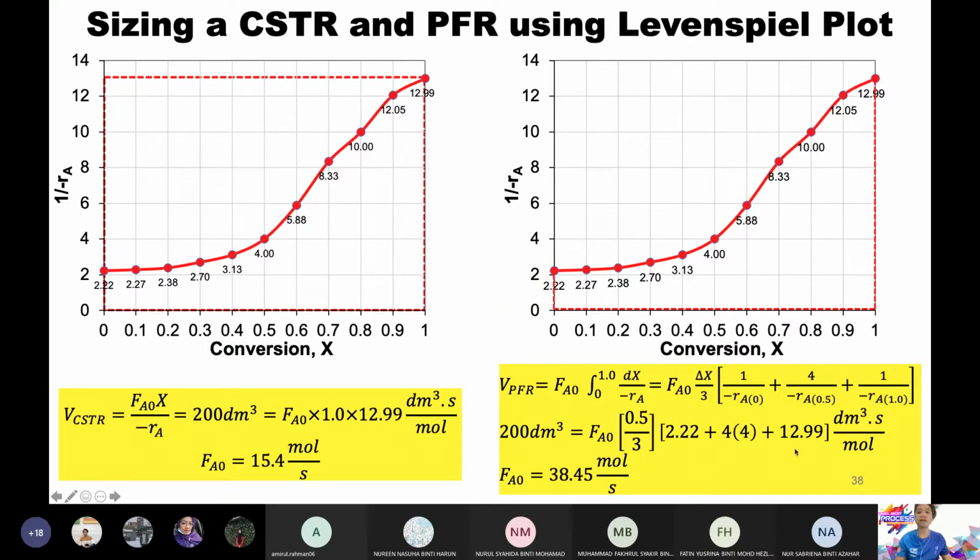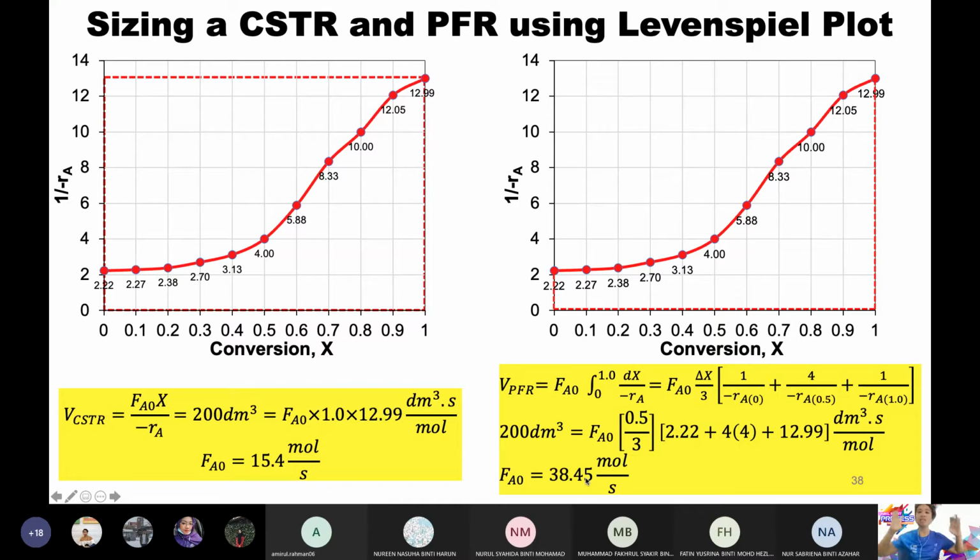So 12.99. Imagine, in other articles, they calculate the area based on the first area and second area. Actually they split it into 3 points, calculating the first area, second area. So you will see it's not so accurate. But as I told you, the volume is not so impacted by the difference in area. So when you recalculate this, you get the molar flow rate as 38.45 mole per second.